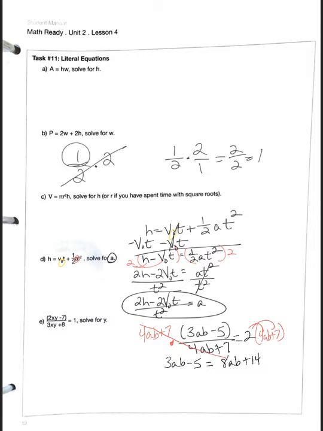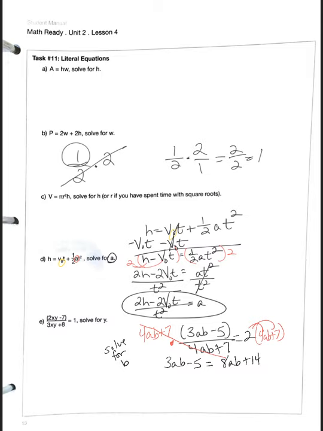Okay, on letter E, they're solving for y. So we're going to solve for b. We are solving for b. Okay, well, let's get our b's together on one side.